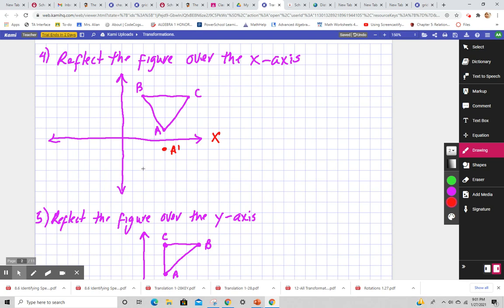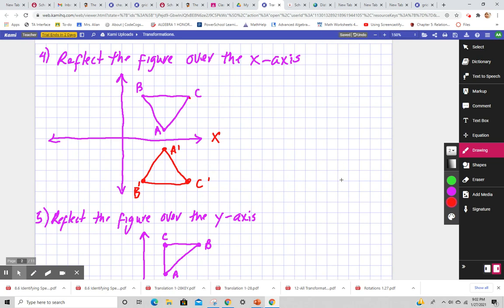B prime. C is 4 units above the x-axis, so we have to go 4 units below. C prime. That's it. We've reflected it over the x-axis.